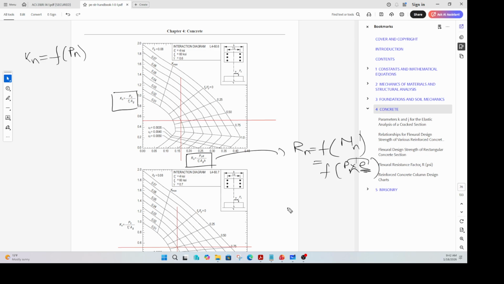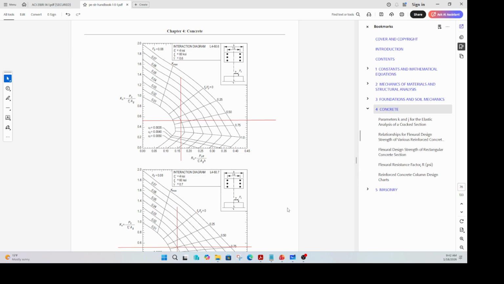Okay, and then there are a bunch of lines. All these lines, for example, that line here is nothing but an interaction curve for a column which meets all this requirement and has a certain reinforcement ratio. That means rho, which is Ast by b times d. What is Ast? Ast is the area of steel that you have, longitudinal steel in your column. Okay. What is b?